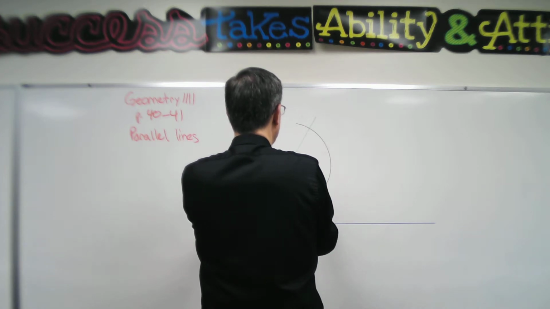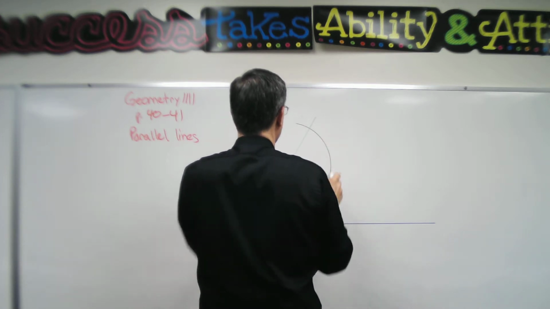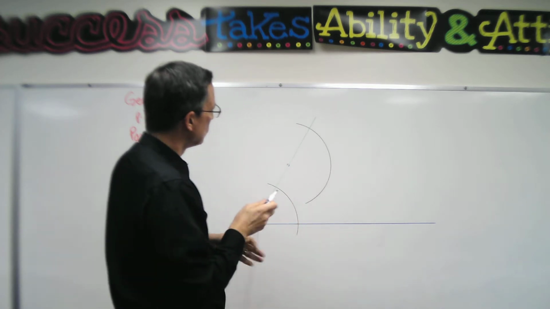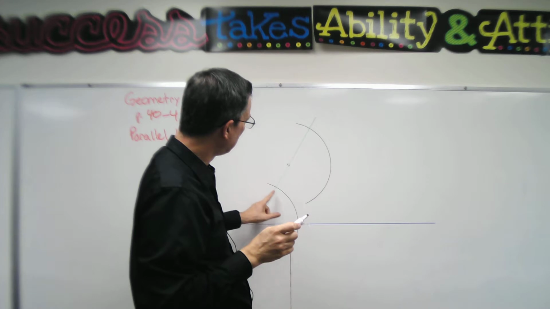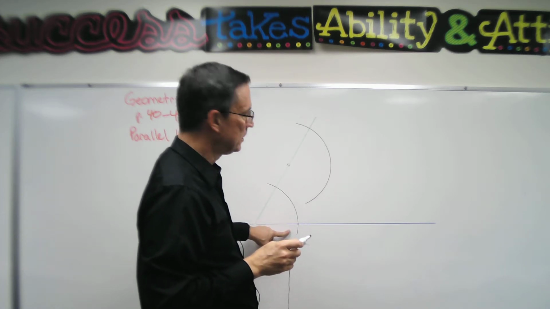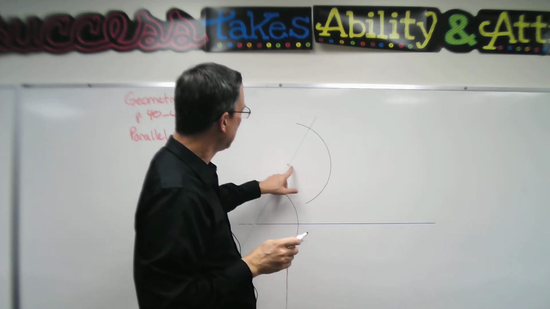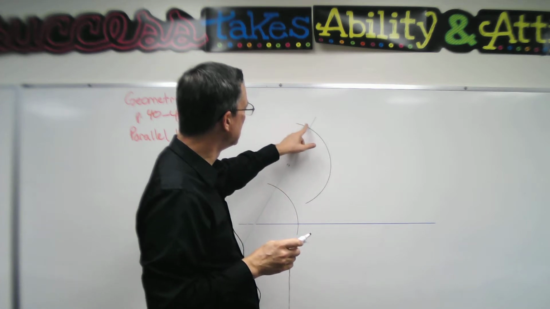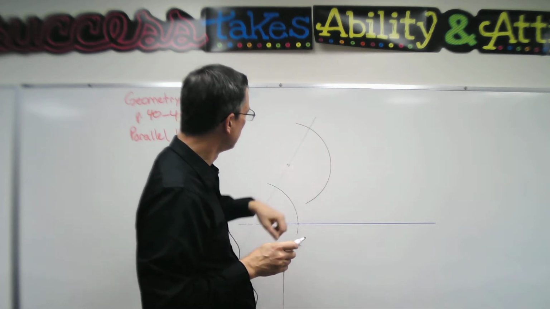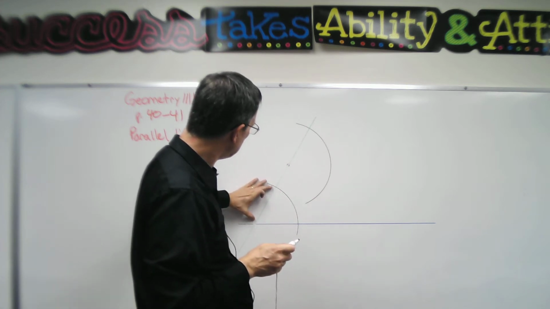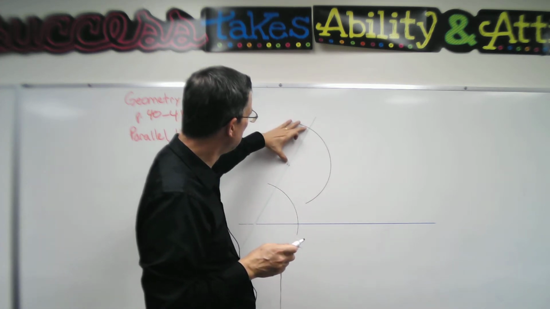You could go all the way around if you want, but you don't want to end up short. All right, so far I created one arc that intercepts both of these lines, okay? And then I came up to this point using the same distance, created an arc of a circle, all right? So this distance, this radius is the same as this one.